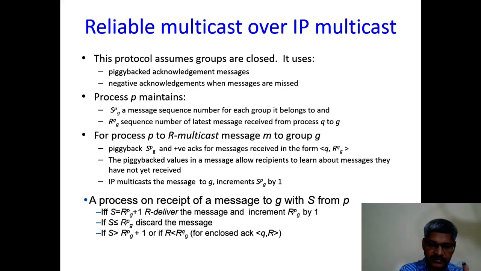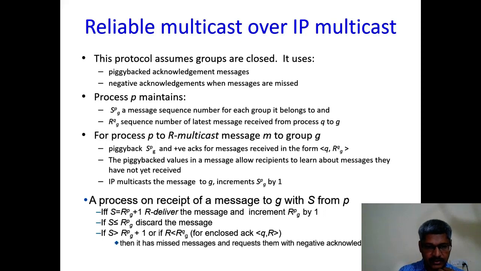Similarly, if you have received an acknowledgement like Q comma R, that means the process P which has sent the message is reporting its receiving sequence number from a particular process Q. If this R value is less than what the current process has received from Q, then that means process P received fewer messages than what the other processes within that multicast group have received.